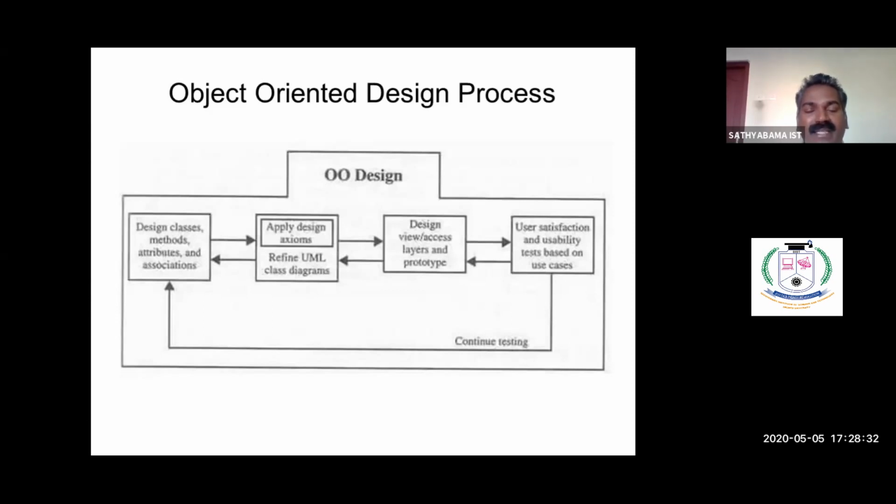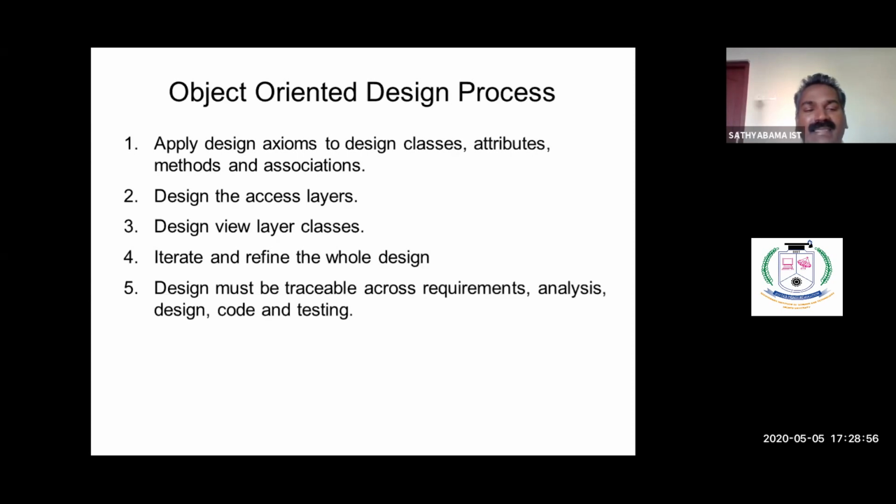In the object-oriented design stage of the unified modeling approach, the goal of this process is to design classes, methods, attributes, and associated structure. For that, we apply design axioms to classes, methods, and attributes, then design the access layer and design the view layer classes. Then we have to iterate the whole design.